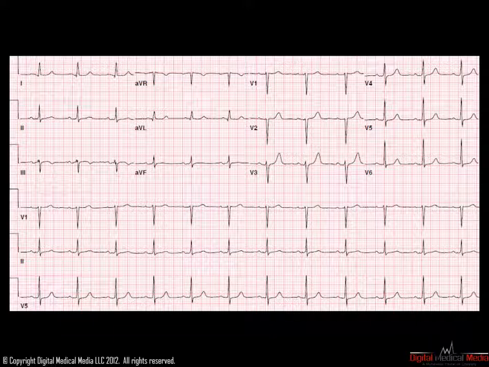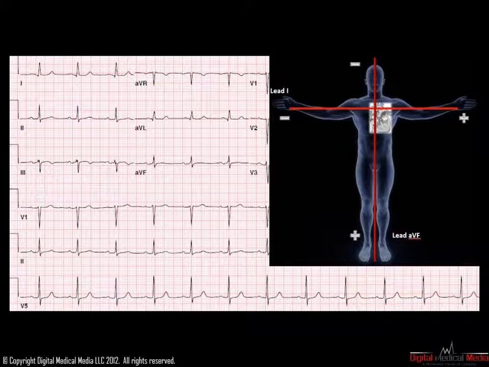However, it is less positive than lead 1. If lead 1 and lead AVF were identically positive, then the axis would be positive 45 degrees, halfway between 0 and 90. However, lead 1 is more positive than lead AVF. Therefore, the axis here is approximately positive 30 degrees.